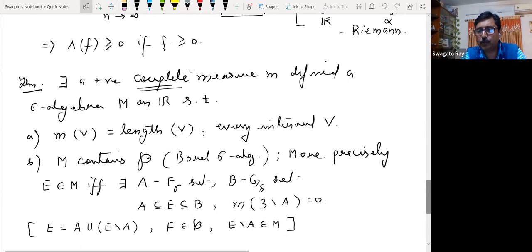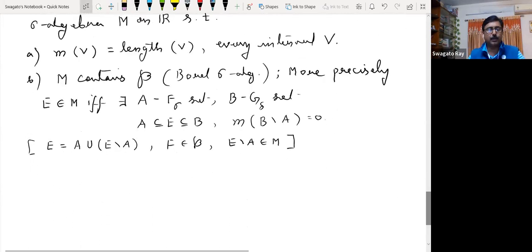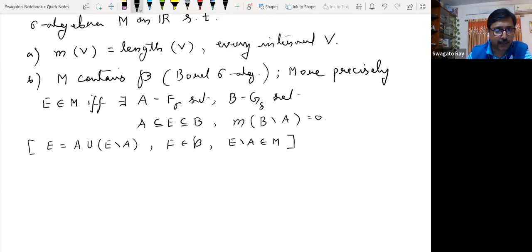Okay, so measure theoretically they are close, but not set theoretically. And one actually knows that the Lebesgue sigma algebra is strictly larger than the Borel sigma algebra, that there are sets in M which are not in B. Okay, that is my property B.